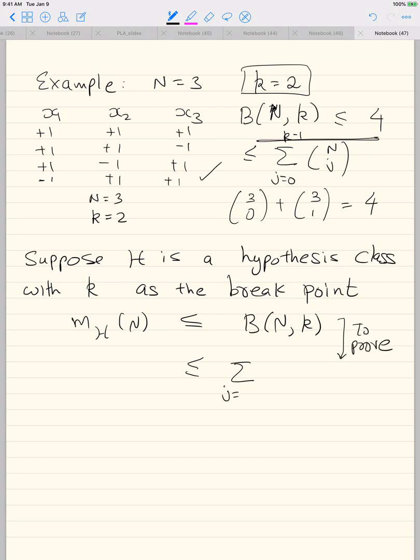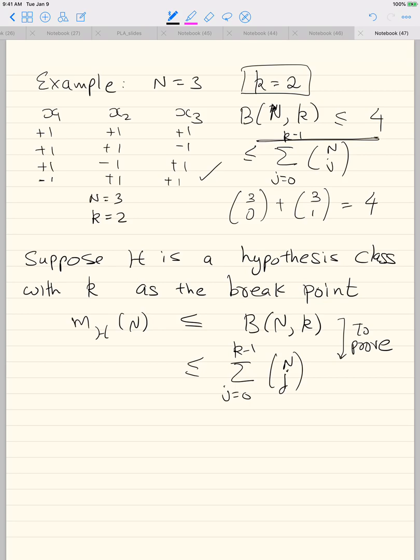that this is less than the sum over j equals 0 to k minus 1 of n choose j, we are basically done. Because if I set k to be dvc plus 1, it's a breakpoint. dvc is the maximum number of points that can be shattered.